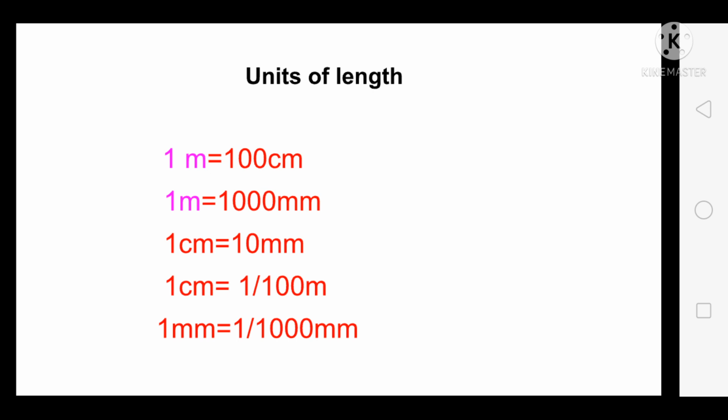We know that meter is the basic unit of length. There are smaller units as well as bigger units of length also. Let us see the relation between them. 1 meter is equal to 100 centimeter. 1 meter is equal to 1000 millimeter. 1 centimeter gives 10 millimeter.